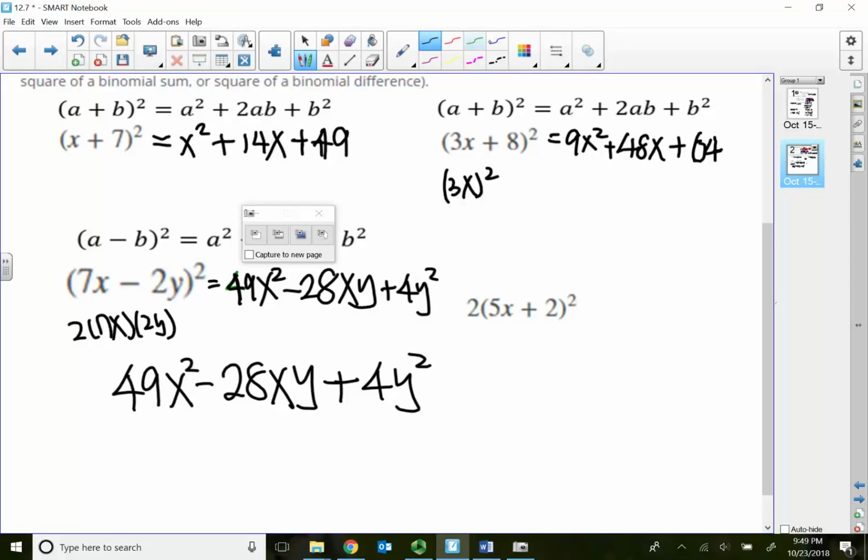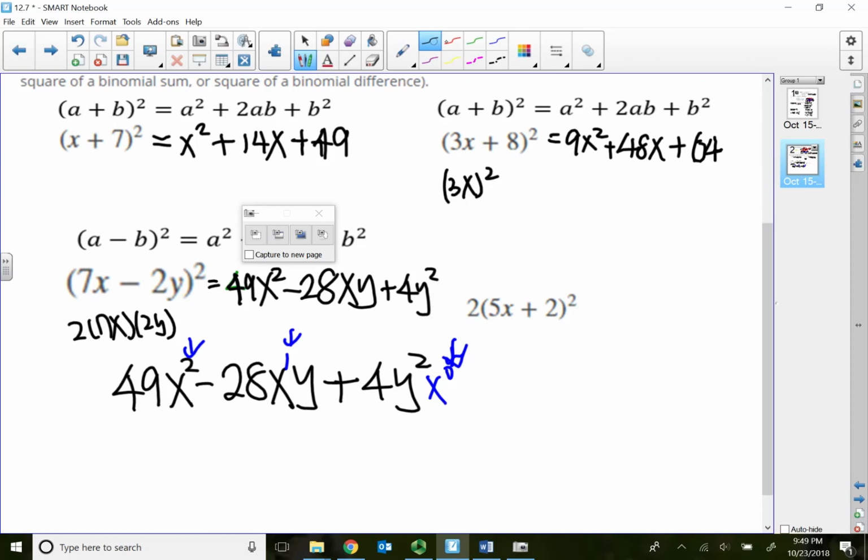So if you look at the exponents, this is 2 power on the x, 1 power, and then this last term actually is x to the 0 power. So this is 2, 1, 0.